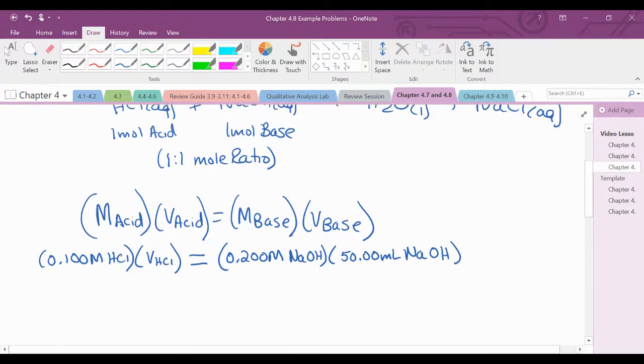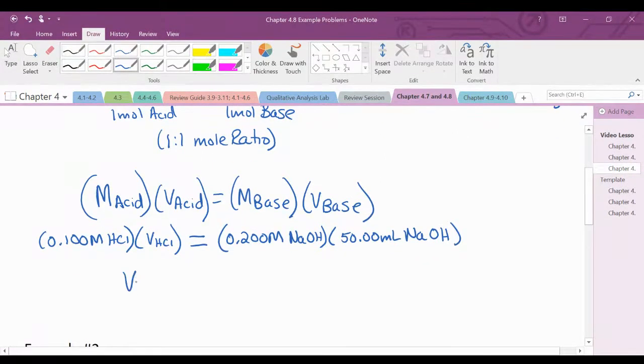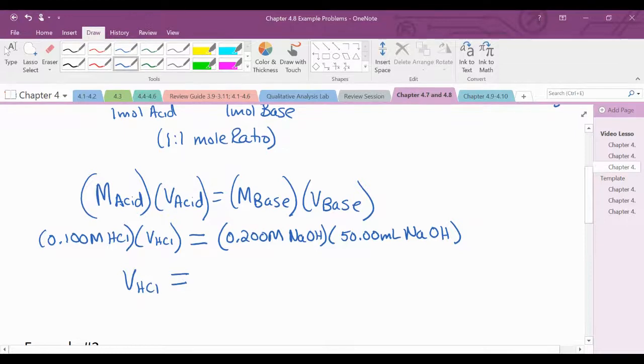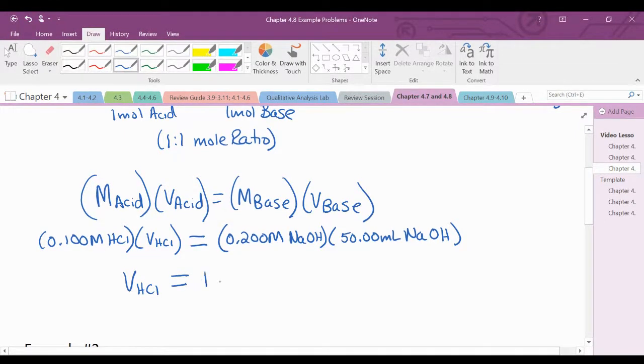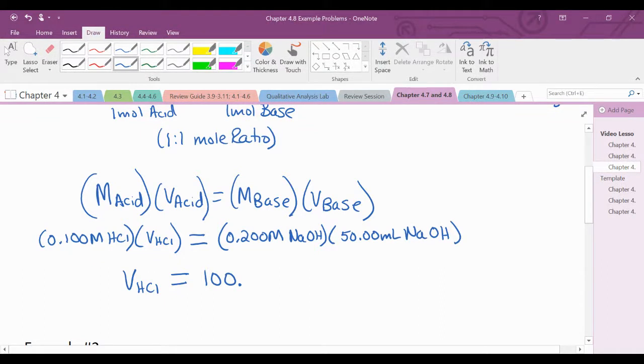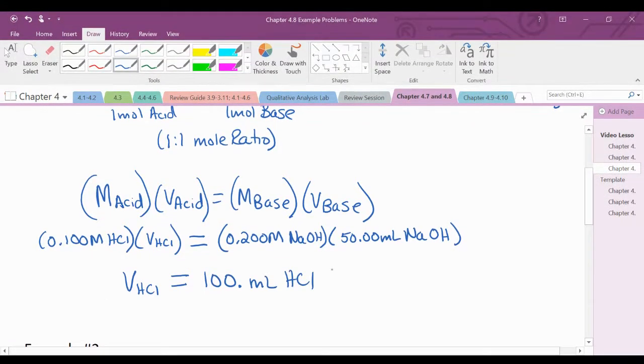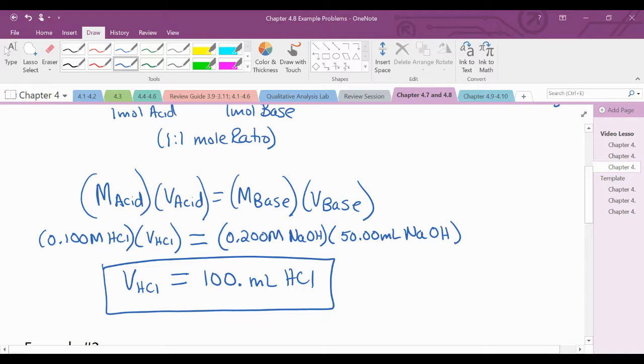So when I do that calculation, my volume of hydrochloric acid equals 100. I need 3 sig figs, so put a decimal point there for 3 sig figs, milliliters of HCl, when you solve for the volume of the HCl.